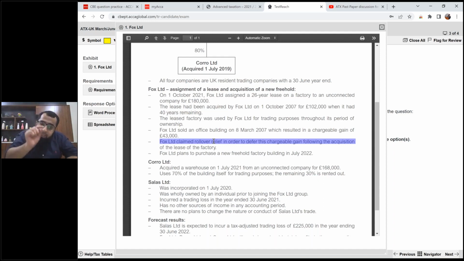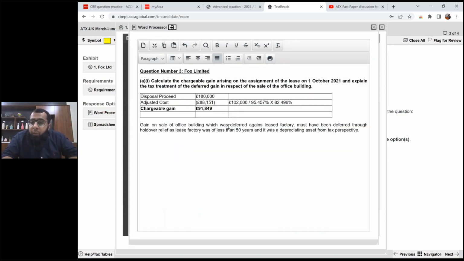This is where you can make an error. The examiner will always use the word rollover because he means deferral, but we differentiate between rollover and holdover. Gain on sale of office building which was deferred against leased factory must have been deferred through holdover relief as the leased factory was of less than 50 years and it was a depreciating asset from a tax perspective.